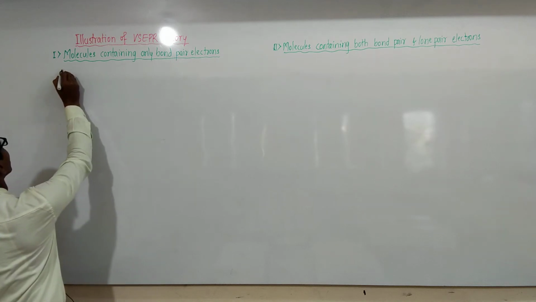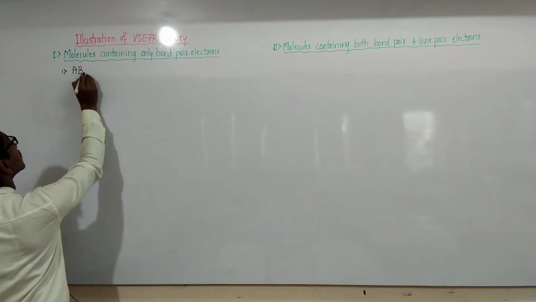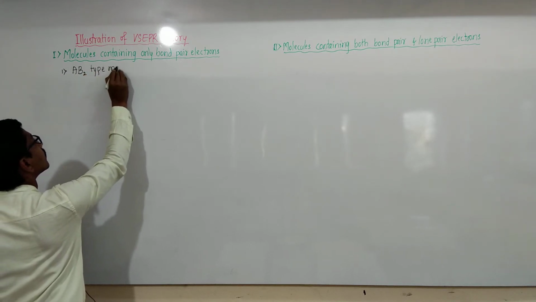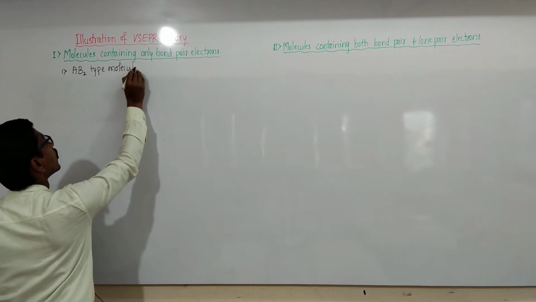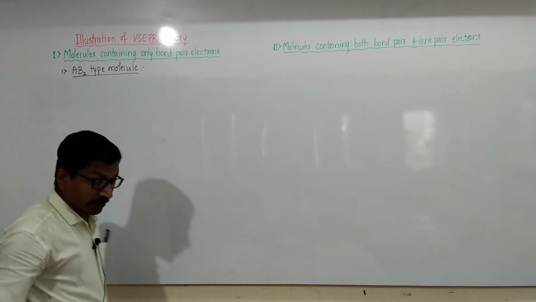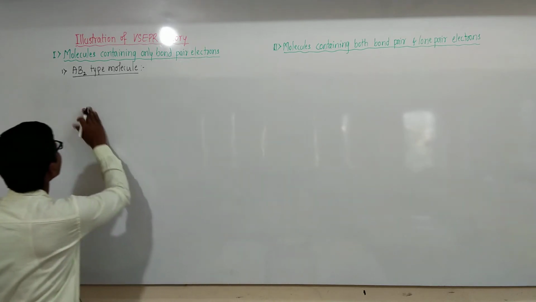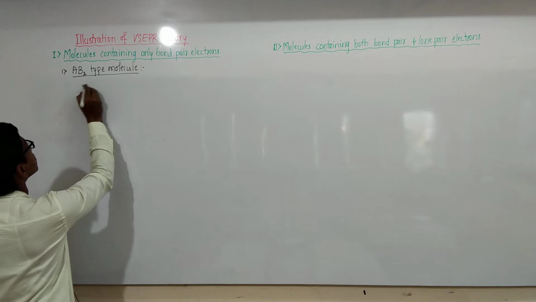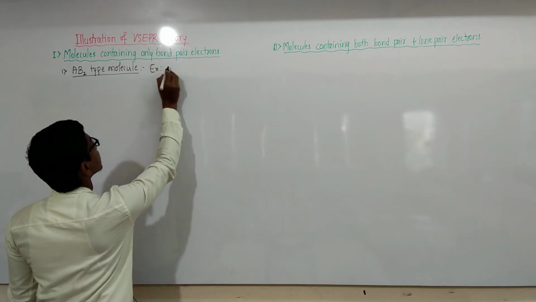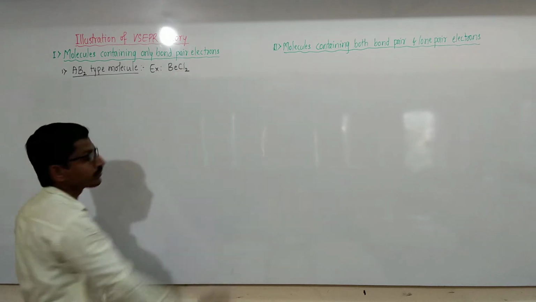First example is AB2 type molecule. Illustration of AB2 type of molecule based on valence shell electron pair repulsion theory. The example is BeCl2.